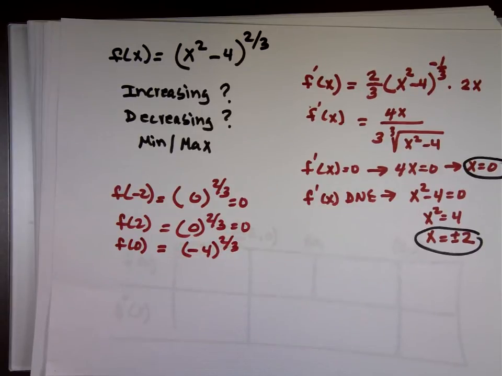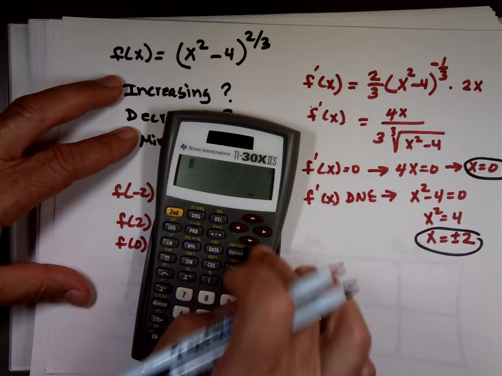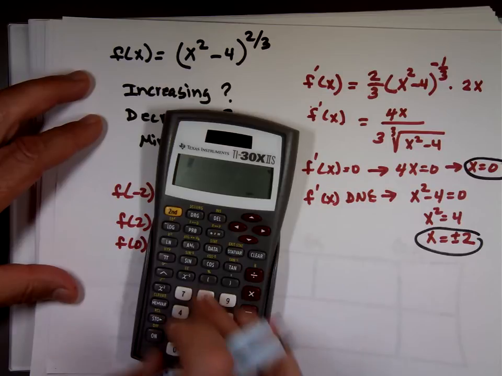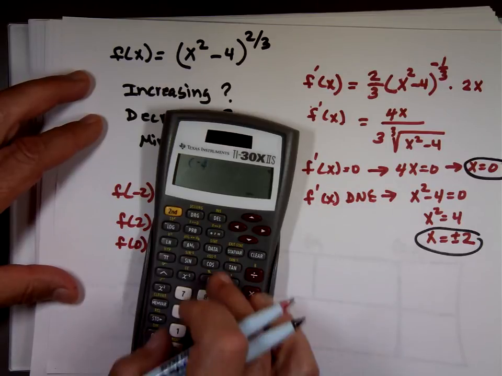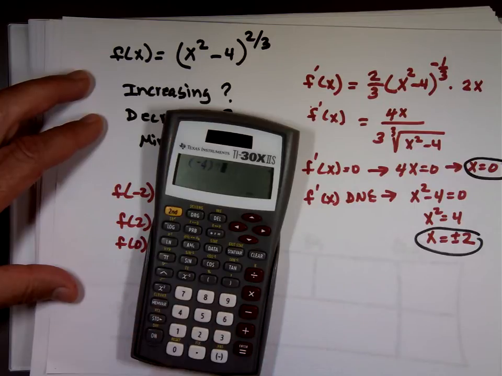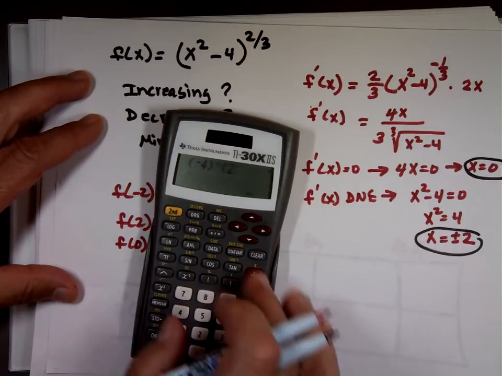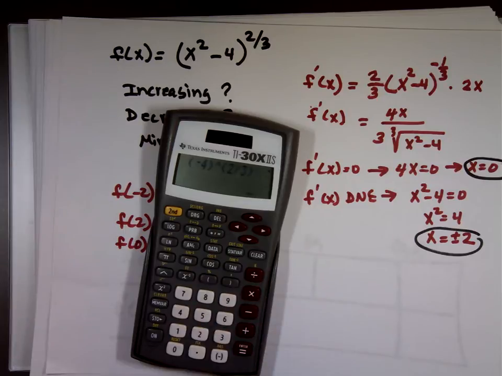That's negative 4 to the power of 2/3. If you have a calculator, here we go. Parentheses, negative 4, close parentheses, to the power. What did you get there, George? Negative 2.52. Okay, you're going to put parentheses here. Let's see if that's what you got. You want to make sure you put 2/3 in parentheses. If you don't put them in parentheses, you're going to raise it to the power of 2, then divide the answer by 3.